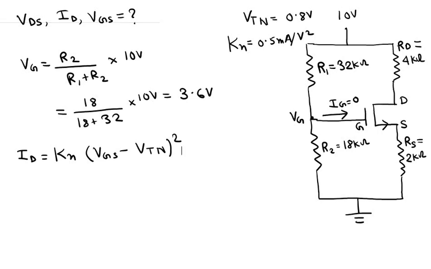If it is not, then at the end of our solution we would get some contradiction. We would then assume that the MOS is in the triode regime and solve accordingly. But initially we are assuming that the MOS is in saturation.